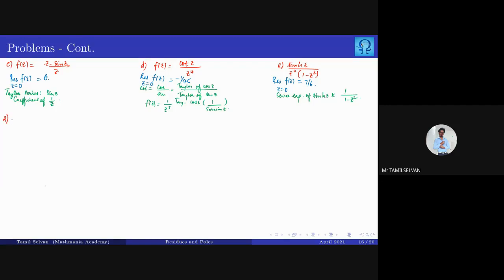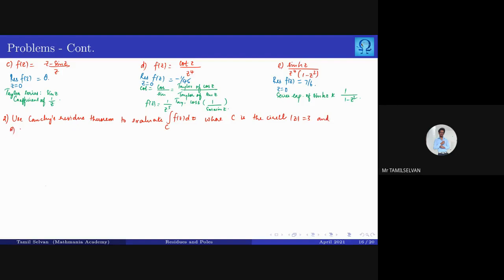So you will have to use Cauchy's residue theorem to evaluate the integral over C of f of z dz, where C is the circle, absolute of z equals 3, and the functions are to be varied.